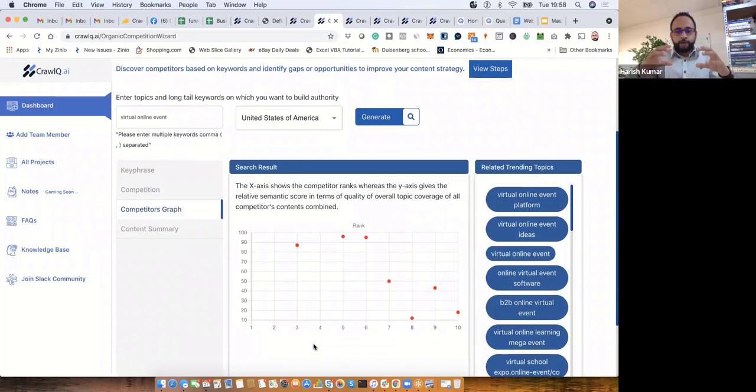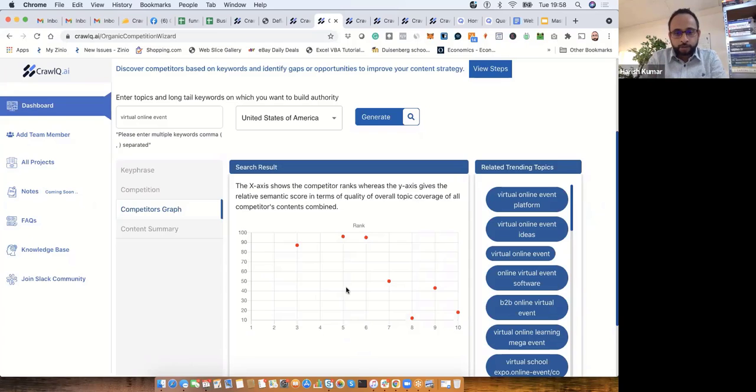It identifies the top 10 positions. Suppose you don't have this tool in your hand and you type virtual online event in Google. Then you have the top 10 positions, but you don't know which of these blogs covers more of the semantics of this topic, right? It's very hard just looking at the results.